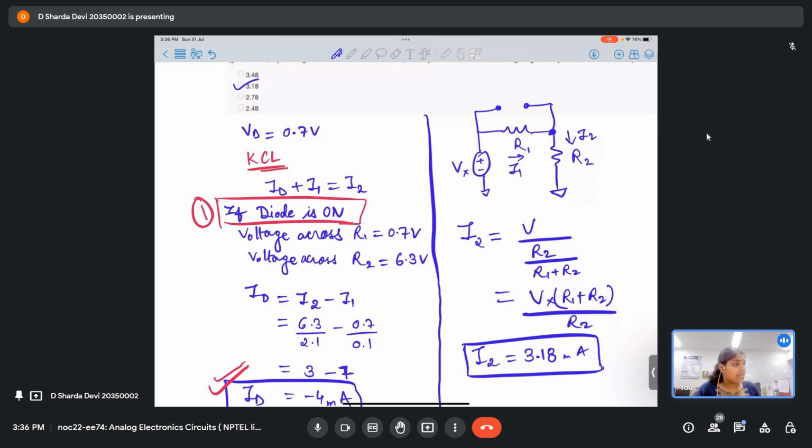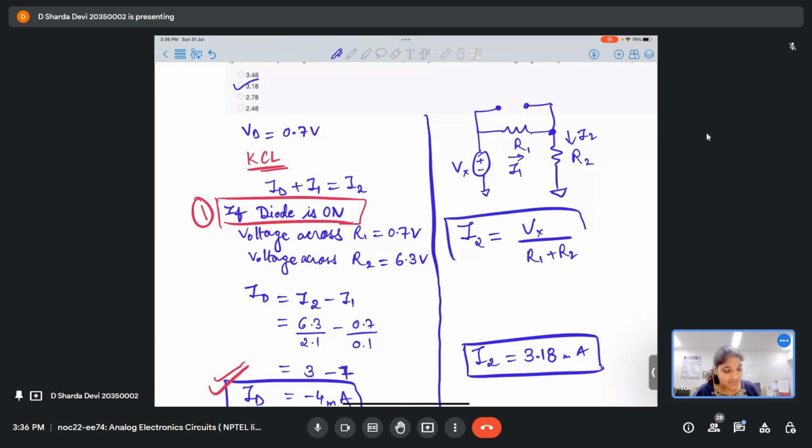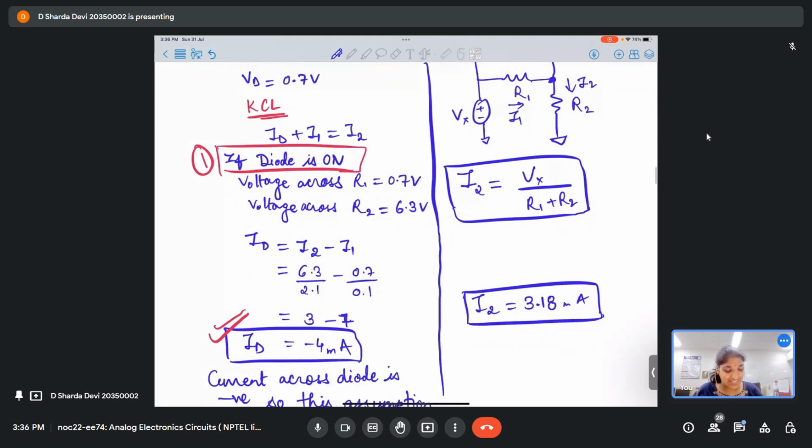Sorry, we can directly go for this, no? Vx by R1. Yes, something is wrong. They are in series, so it's directly R1 plus R2, right? Vx by R1 plus R2. Yes, please note. Thank you for pointing this out.